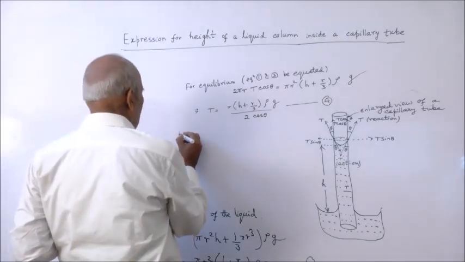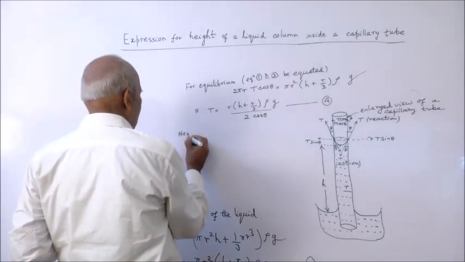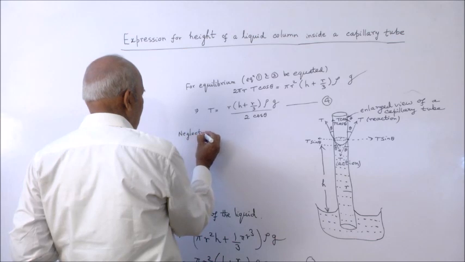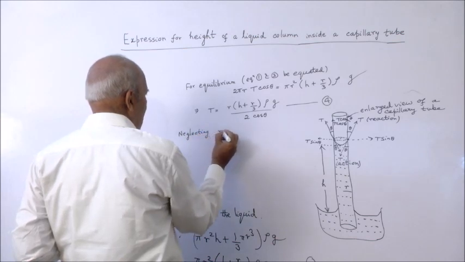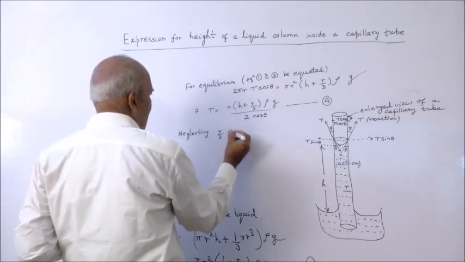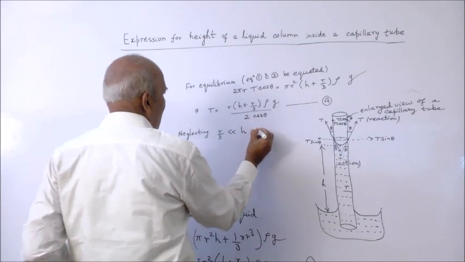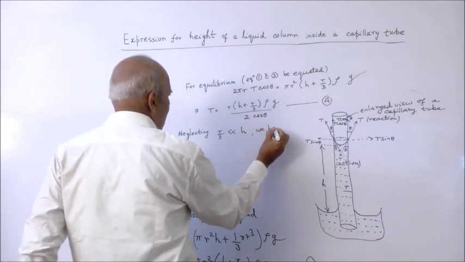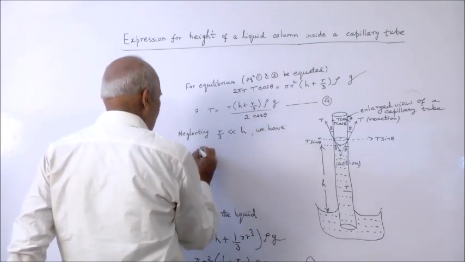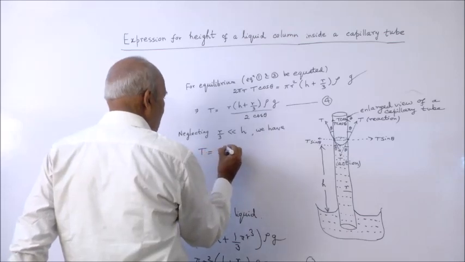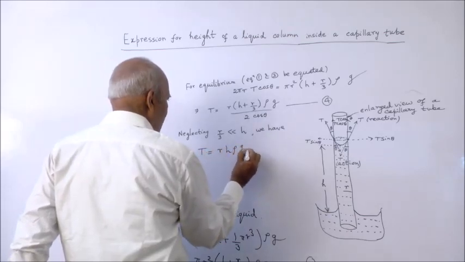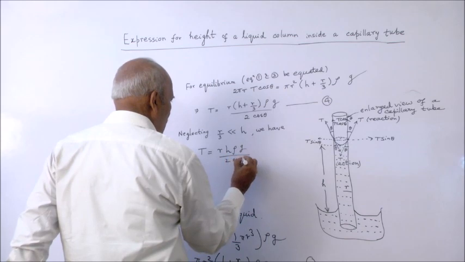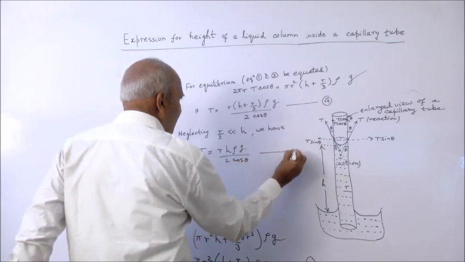So, neglecting r by 3, much less than h, we have T is equal to r h rho g by 2 cos theta.